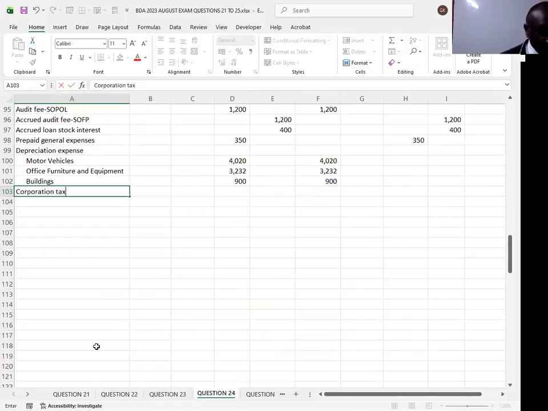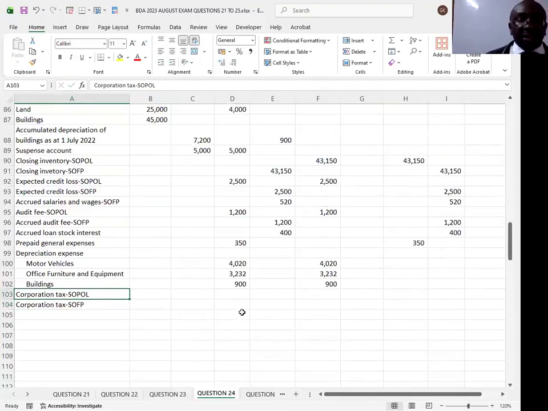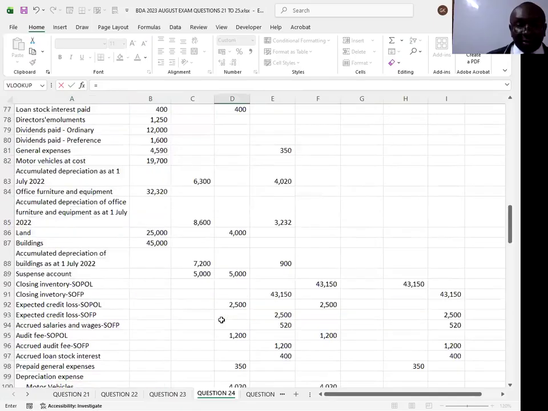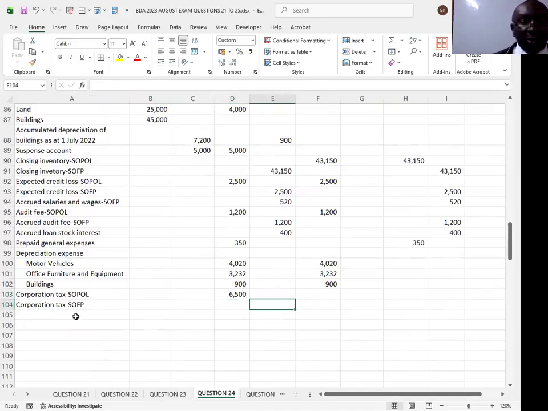Now, the one that is an expense is going to the statement of profit or loss. And then we will have the corporation tax. And this is the one going to the statement of financial position. So the one coming in as an expense, we debit here. The amount is 6,500. And then this one going to the SOFP is going there as a current liability.